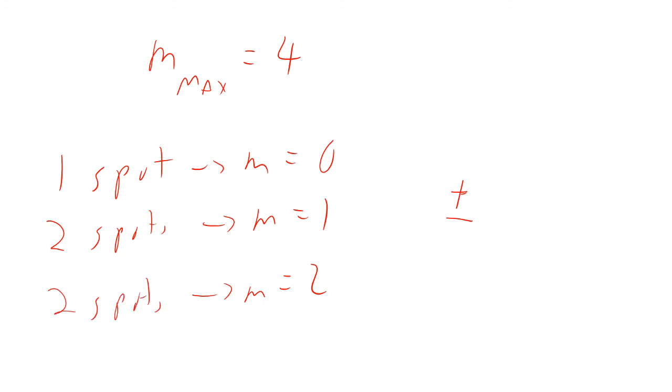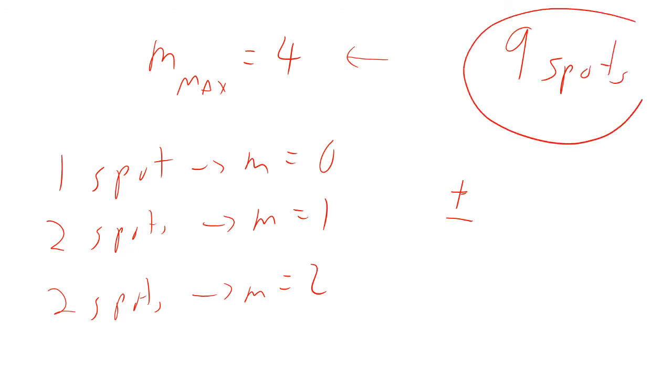It means that m equals 4 means 4 spots above, 1, 2, 3, 4, 4 spots below, 1, 2, 3, 4, and 1 spot in the middle. So that means a total of 9 bright spots. 1 in the center, 4 above, 4 below the center. And so that would give you the answer.